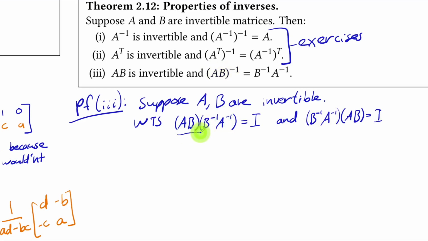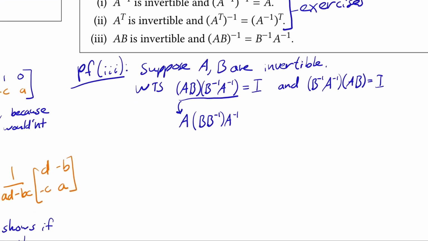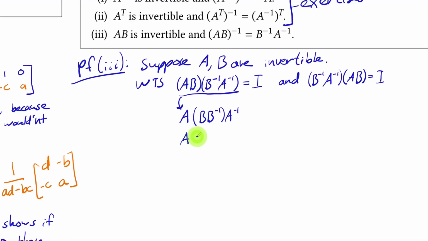Let's just start with these things we already have here. We have an associative rule. We know we can move parentheses around, so we could write this as A times B inverse times A inverse. Maybe you see where this is going. B times B inverse is the identity. And we know anything times the identity is itself.